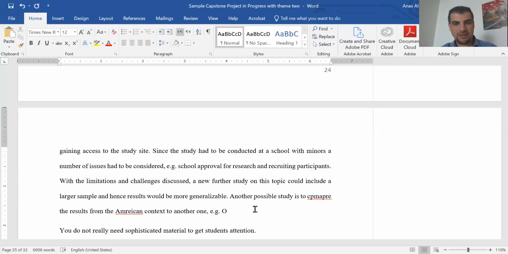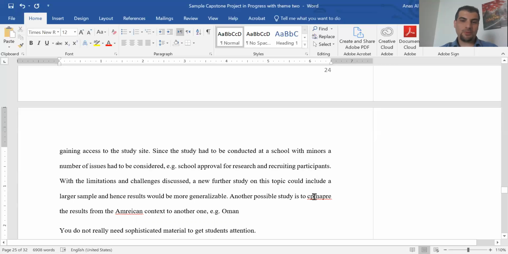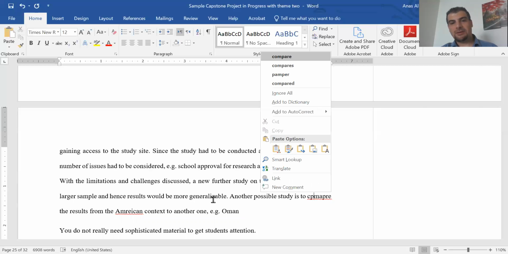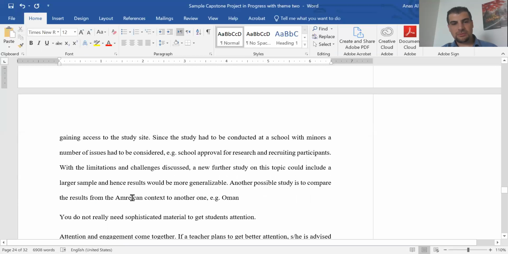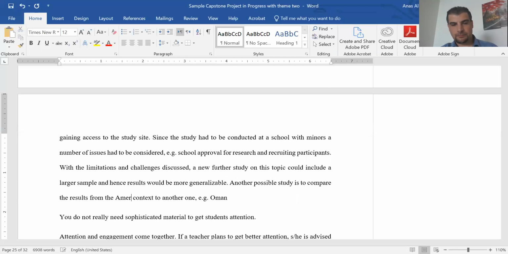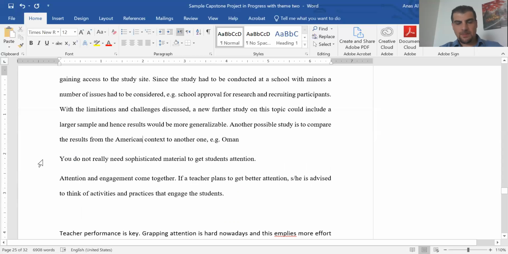It's a country in the Gulf, Middle East. In this case, you can compare what you found here with what's going on in Oman or in any other country that you choose. And I think that's it.